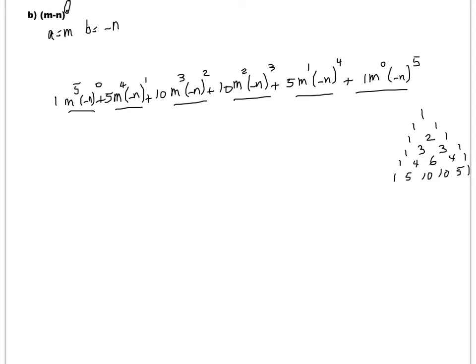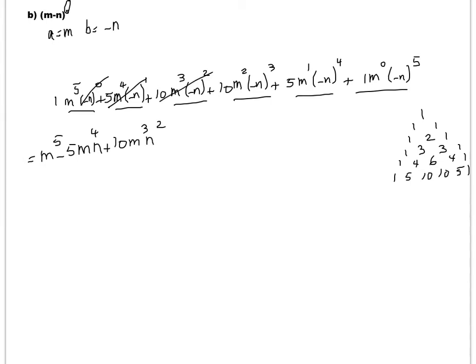Now I'm going to simplify this one. Any number exponent 0 is 1, so I get m exponent 5. Then negative n exponent 1 is negative n, so I get negative 5m exponent 4 n. The next one, negative n exponent 2 is n squared, so I get plus 10m cubed n squared.